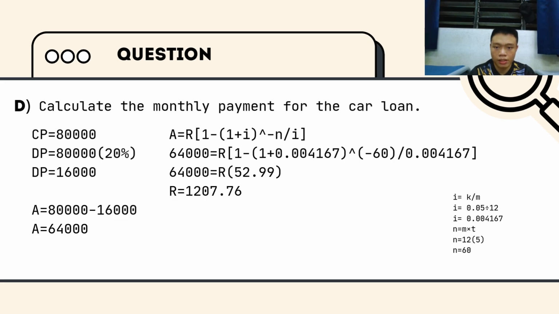So 64,000 equals R, open bracket, 1 minus in bracket 1 plus 0.004167 power of negative 60 over 0.004167, close bracket. So 64,000 equals R in bracket 52.99. So the answer is R equals 1207.76.